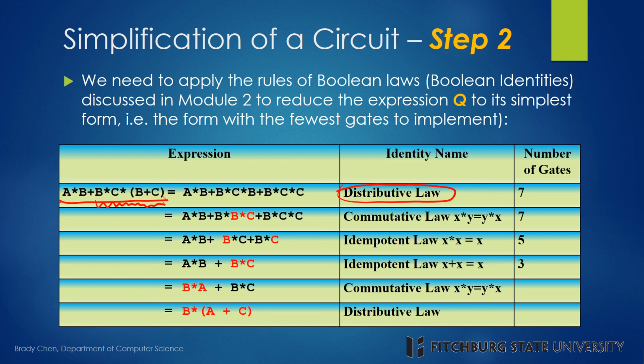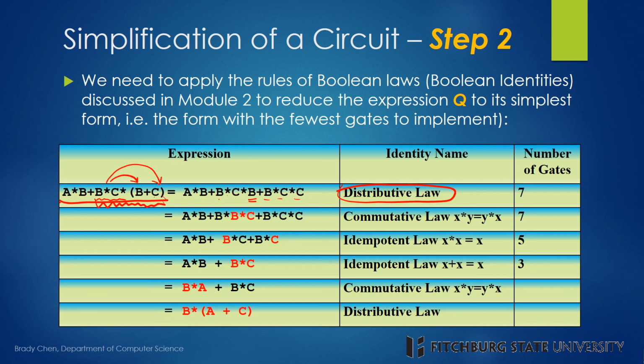The distributive law says we multiply B times C with the first item, so it's B times C times B. And then we apply B times C with the second item C, so it's B times C times C. Okay, so that's the distributive law.